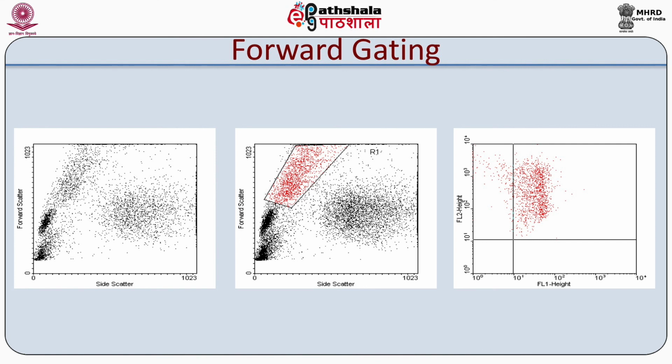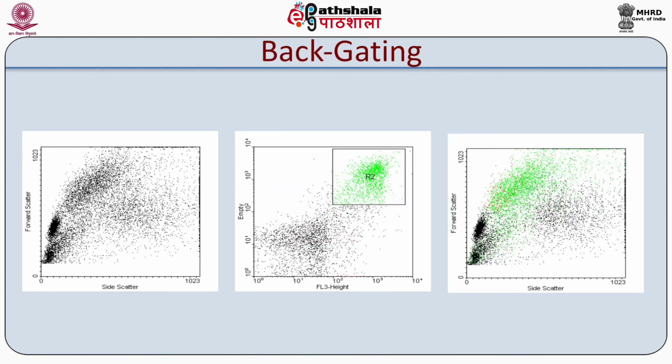This is termed forward gating, where we are subsetting the population in a sequential manner. Back gating is where, based on the forward scatter, side scatter profile, we first look at the fluorescent expression of molecules on certain populations and then backgate it and actually see it on a raw data plot.